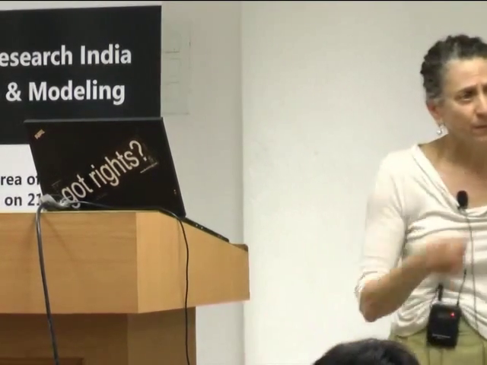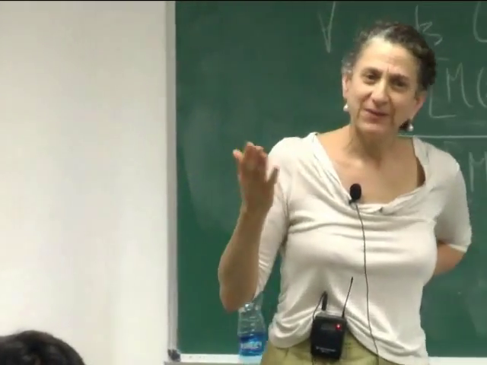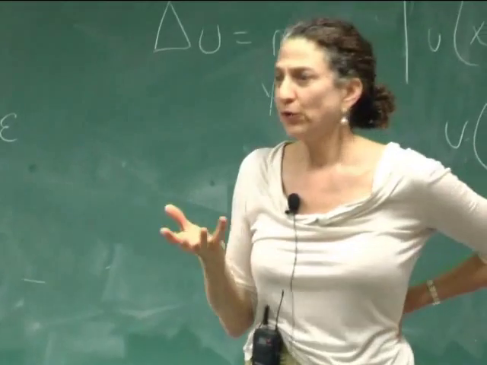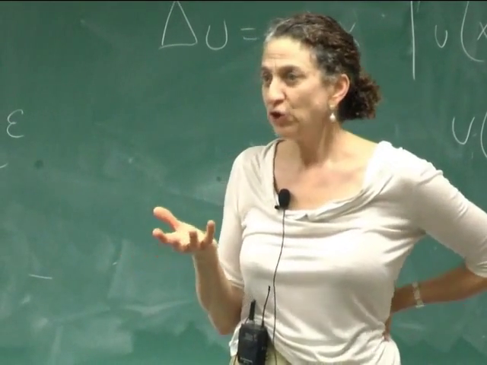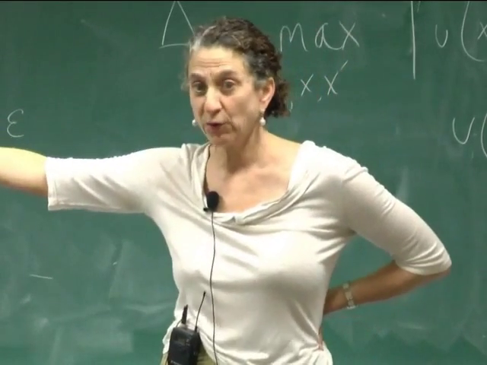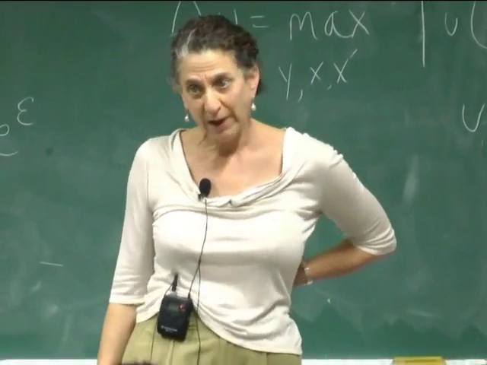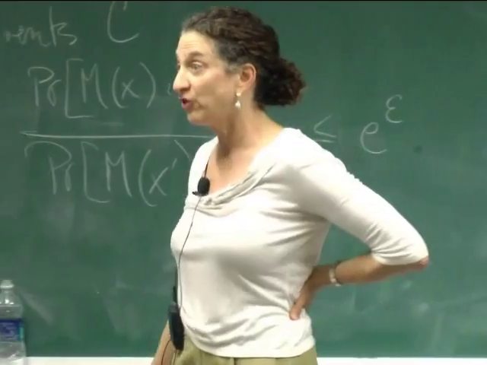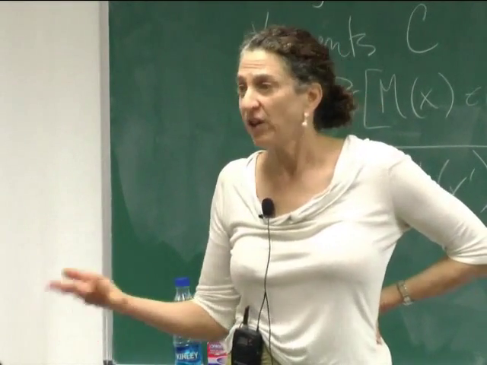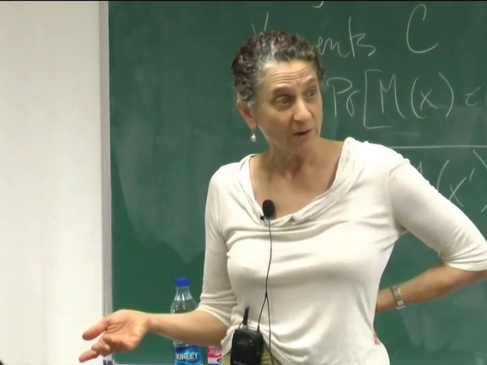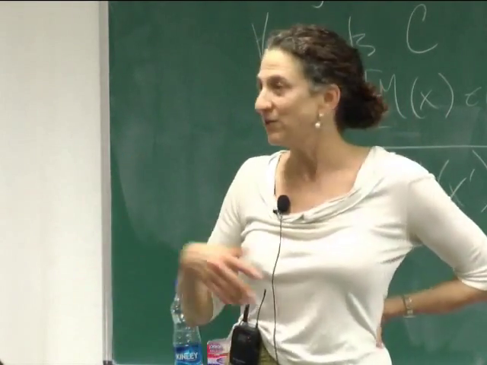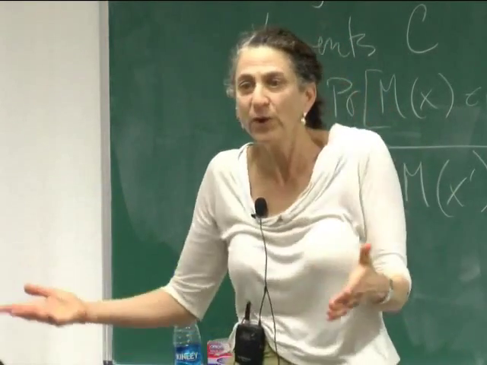By the way, just to help your thinking, there are no rules about this mechanism. It can do whatever it wants as long as it's going to be differentially private and be relatively accurate. So for example, every time Sanjeev is in the database, it could decide to ignore him. Just pretend he's not there. It's not going to change the answers by very much. No matter how many times you ask about Sanjeev, it's always going to pretend he's not there.